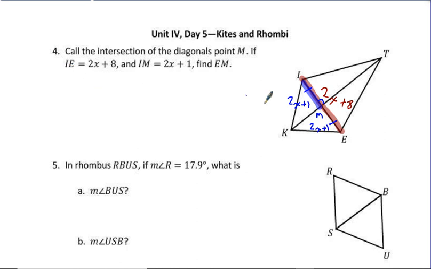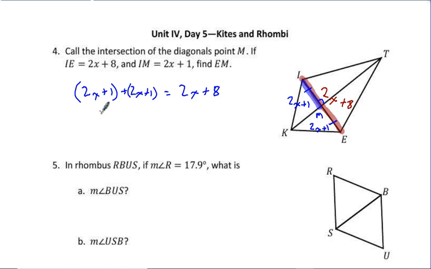By writing that on the picture, we see that 2x plus 1 times 2, or plus 2x plus 1, adding both pieces of the diagonal IE together, they will equal 2x plus 8.